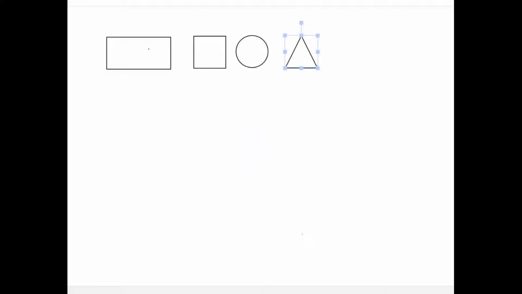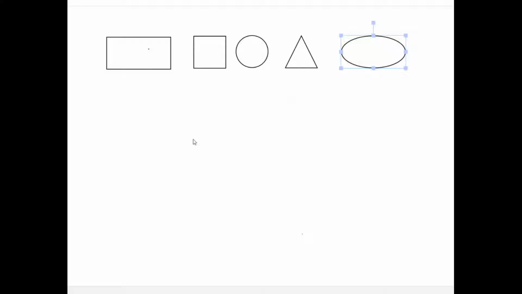What is this? It's a square. Of course, that's a circle. And of course, this is a triangle. What's this? It's an oval. You know all of these shapes, right?